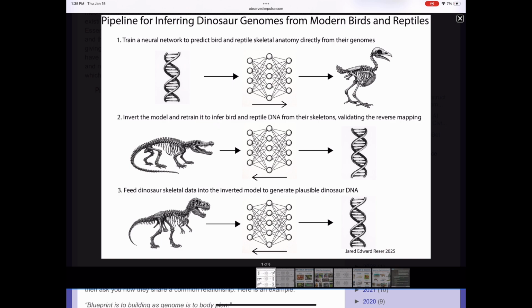Show it more data, throw in more compute, improve the algorithm. And then finally, after you've finished training at this second step, you have something that you can basically throw any skeleton into, and it'll come up with a plausible recreation of a genome.